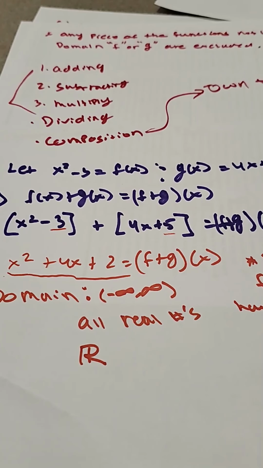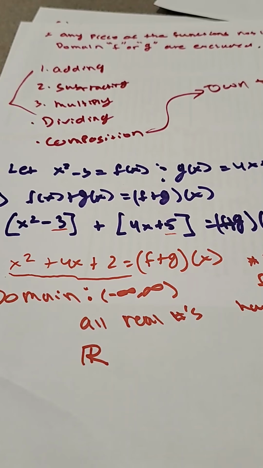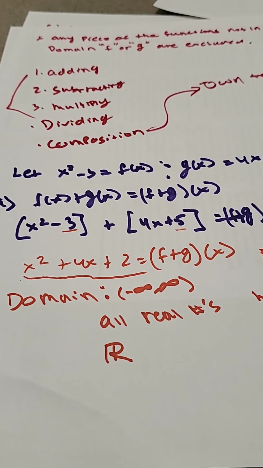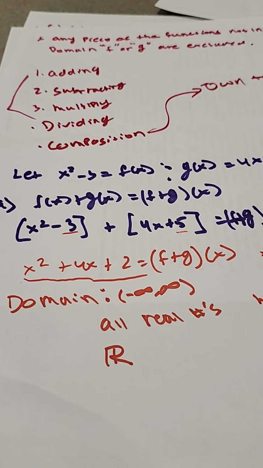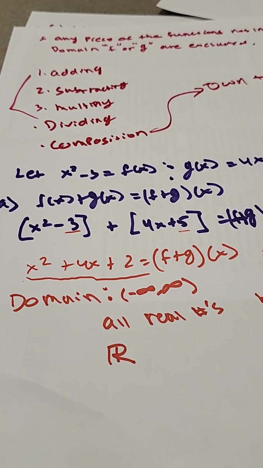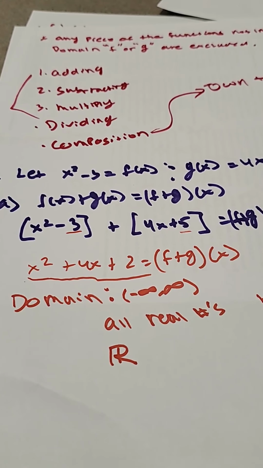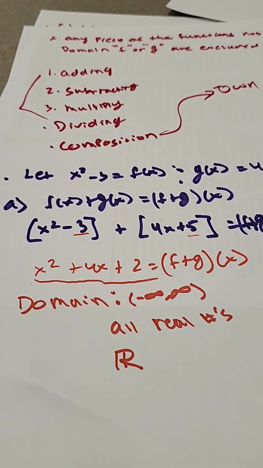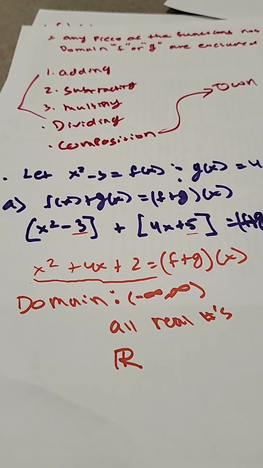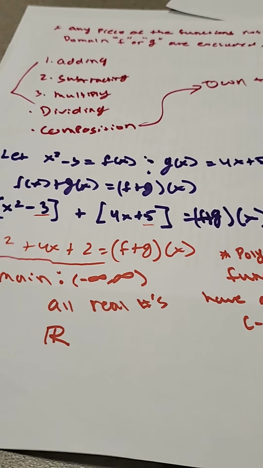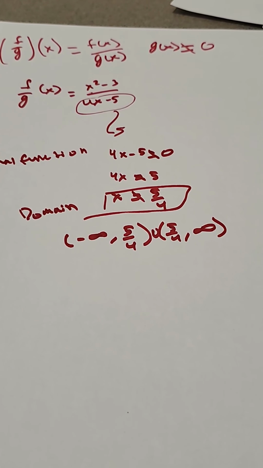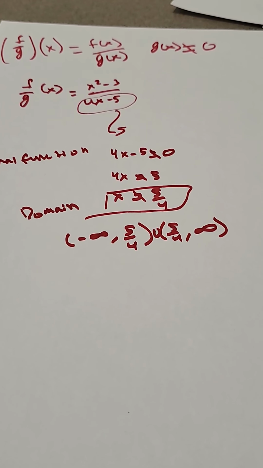Multiply any terms necessary. Then if it's a polynomial, the domain is all real numbers, because there isn't any number that makes the expression undefined. But if we get a rational function, the denominator can't equal 0, and we'll cover more as we go into each individual type of function.